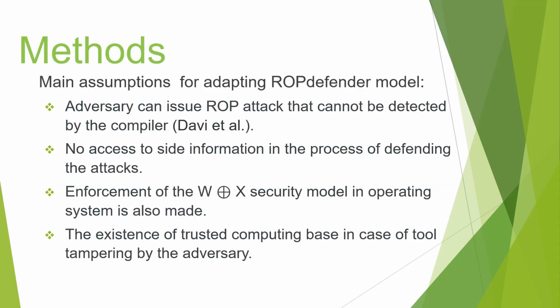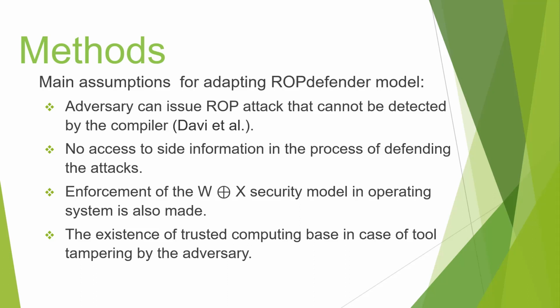The research paper discusses the methods and processes in implementing ROP Defender to defend against ROP attacks. Firstly, the researchers discuss the main assumptions for adopting the ROP Defender model. The first assumption was that the adversary can issue ROP attacks that cannot be detected by the compiler.